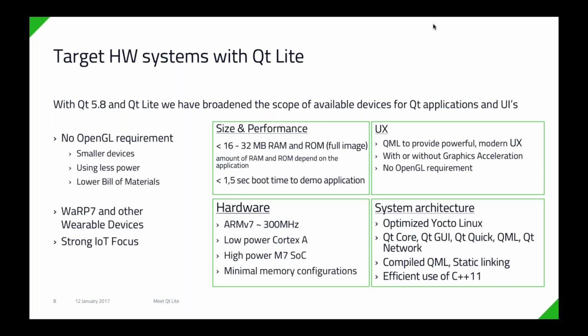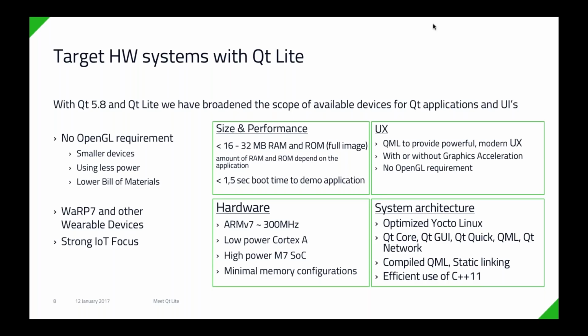One thing that's also important: you don't have to have a UI with Qt Lite, but we've done a lot of improvements to the QML framework. So QML is super powerful to use with Qt Lite. One of the big changes is that there's now no OpenGL requirement.